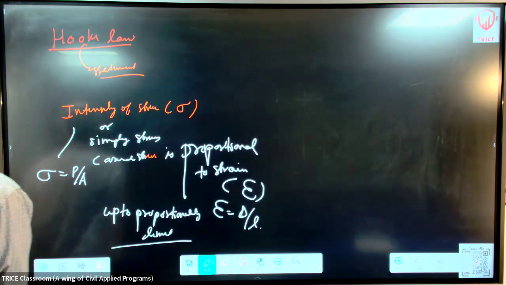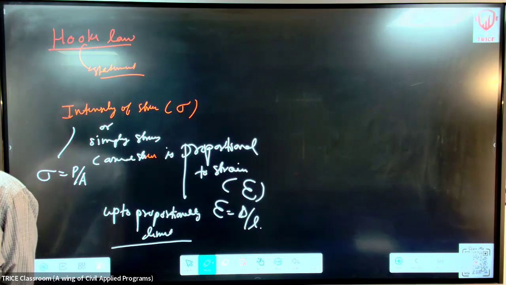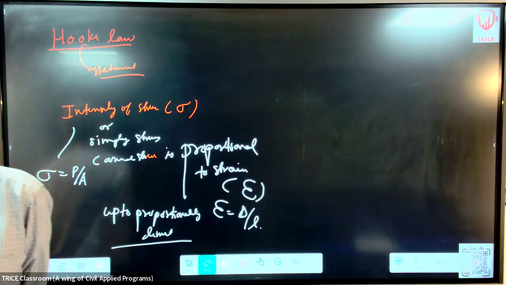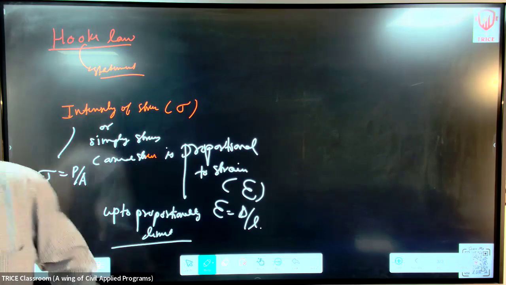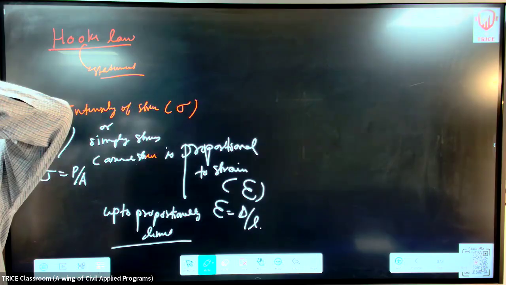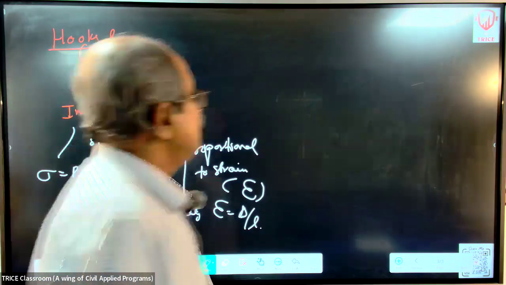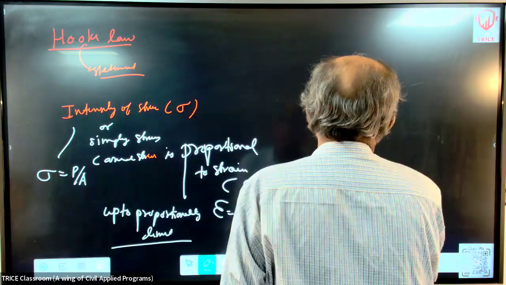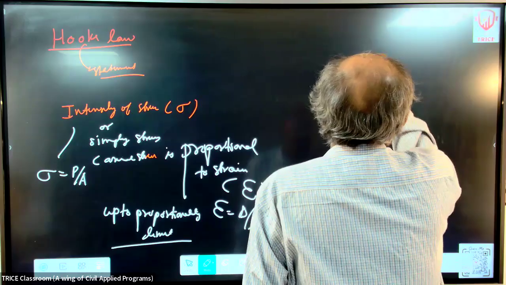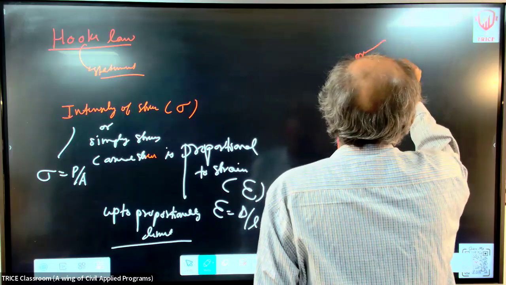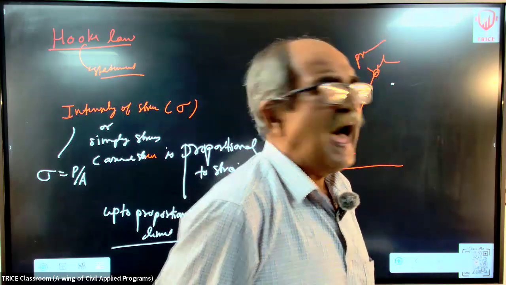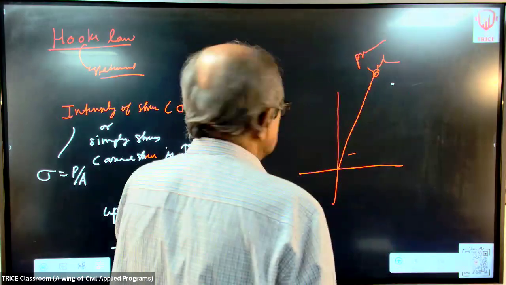For most of the metals we use, the elastic limit and the proportionality limit are both very, very near each other. Suppose you draw a curve, for example a straight line; this is the proportional limit, and somewhere here is the elastic limit. In most questions we don't bother about that.